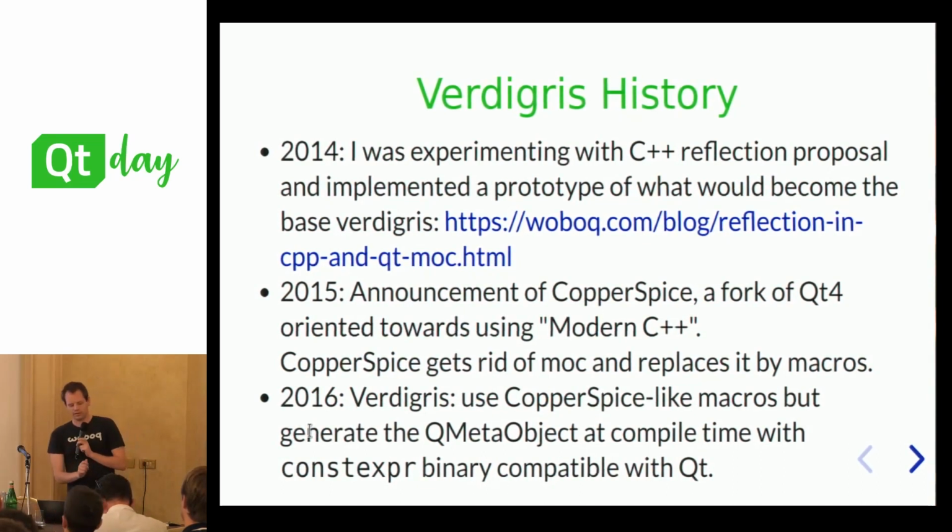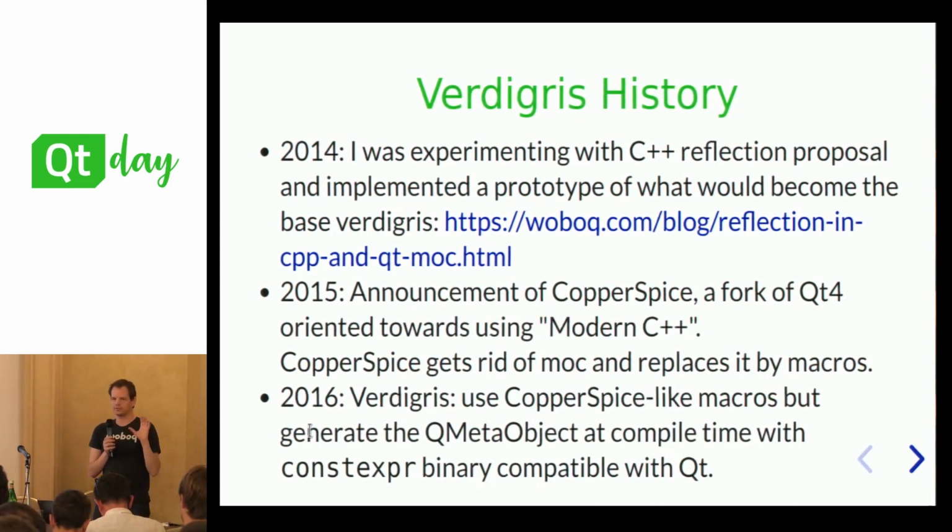The other thing CopperSpice did was that they had a lot of runtime overhead, because every time you ran your application, it had to rebuild the MetaObject at runtime. While I really wanted to build the MetaObject at compile time using constexpr, so that what we have is exactly the same, or almost exactly the same, as what moc would generate in the final binary.